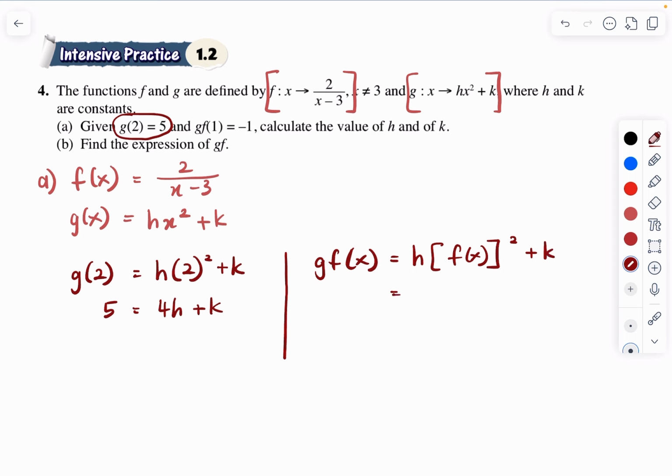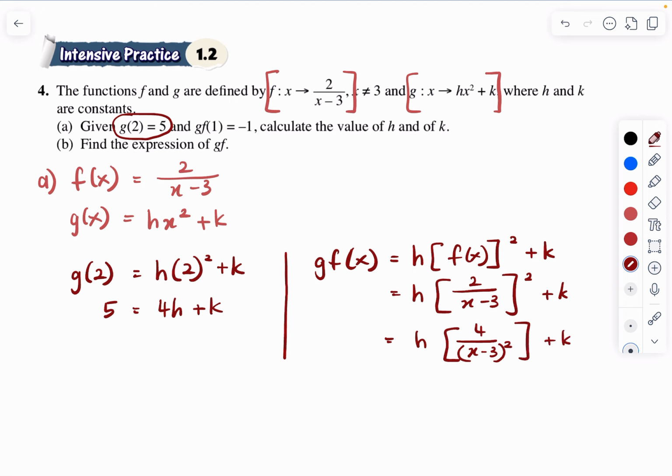Okay, then we sub the f(x), 2 over x minus 3. Then we square it. 2 squared is 4. (x minus 3)² we just leave it like this, plus k.